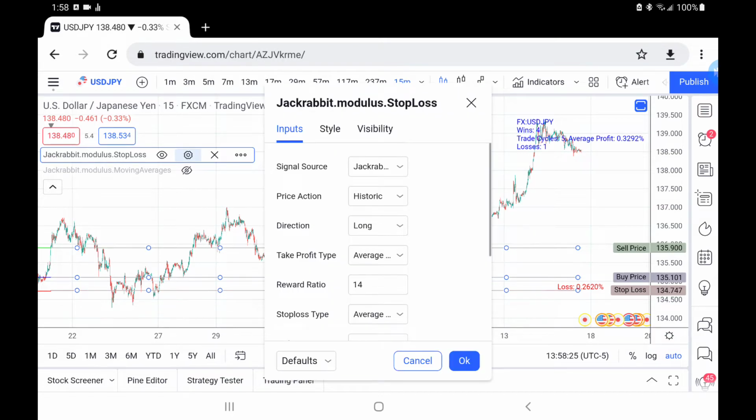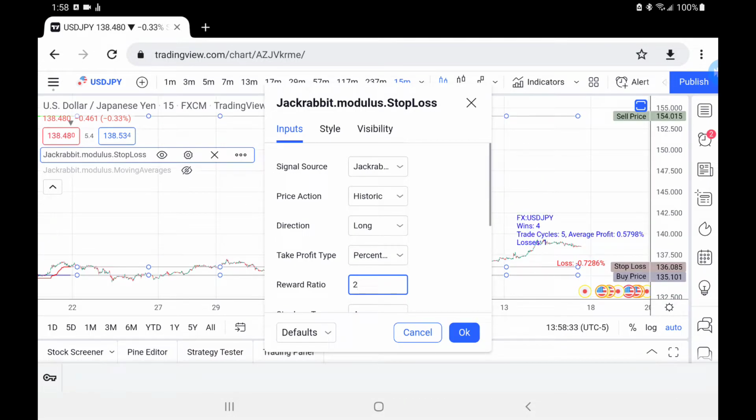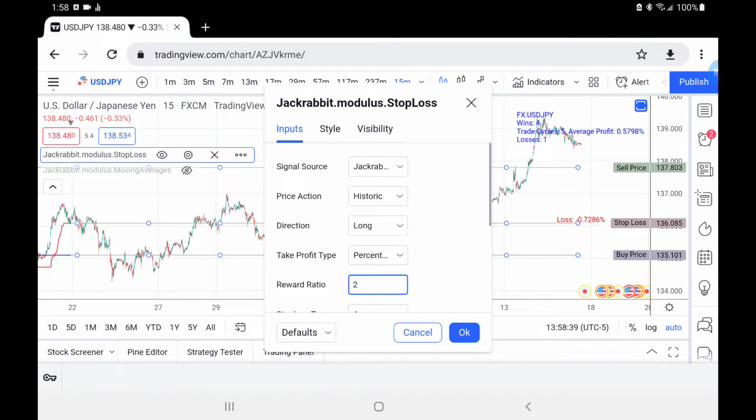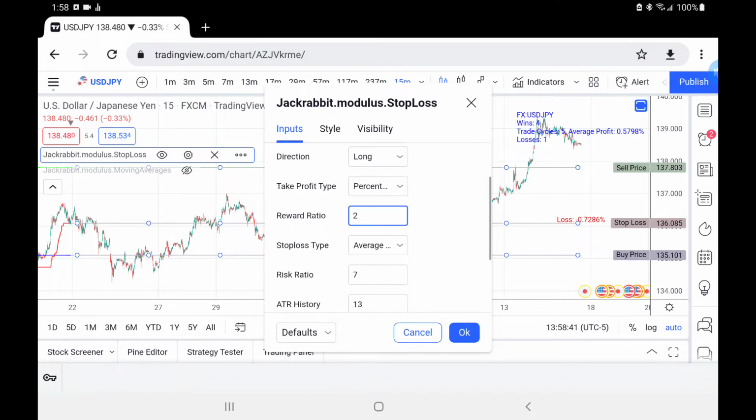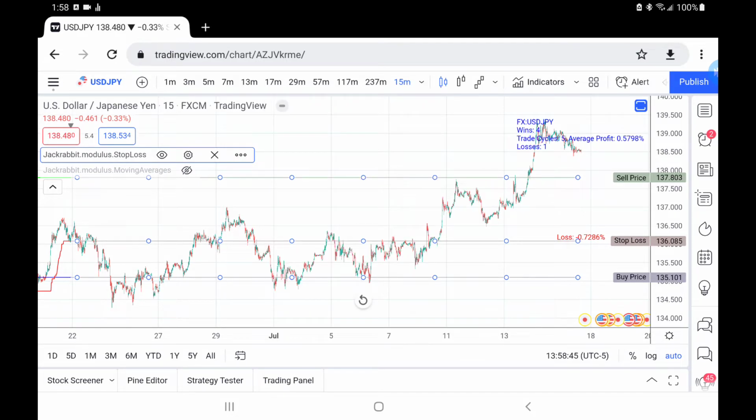Well, yes, you can. That was a big request, that you could use each component separately. Of course, trying to calculate out your risks versus rewards is going to be very difficult with this approach. But as you can see, it does do it, and it does do it very well.